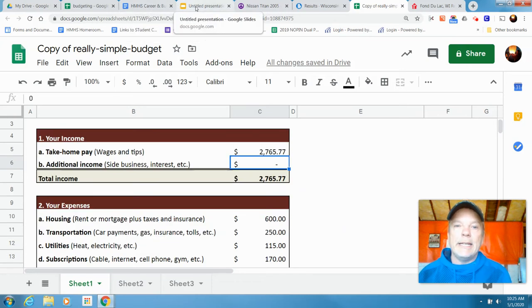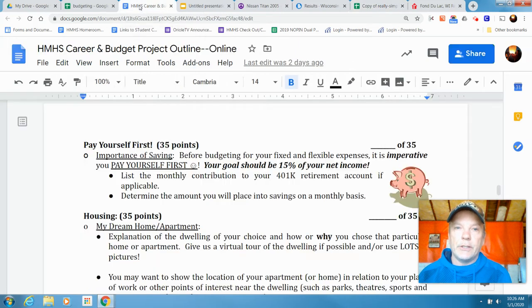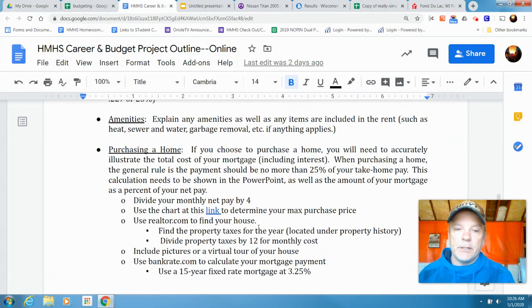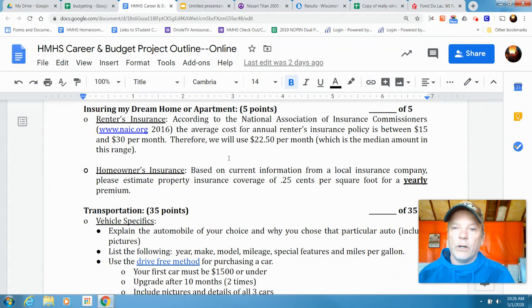So my first category is housing. When we did our housing, we calculated our mortgage, we calculated our taxes. We did not calculate insurance. If you look at the Career and Budget Project, it tells us for renter's insurance, if you chose to rent, you need to include $22.50 per month to make sure you are covered. For homeowners insurance, you take 25 cents per square foot, and that is your yearly premium.